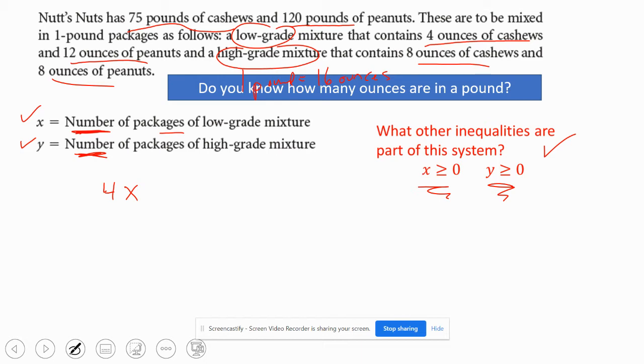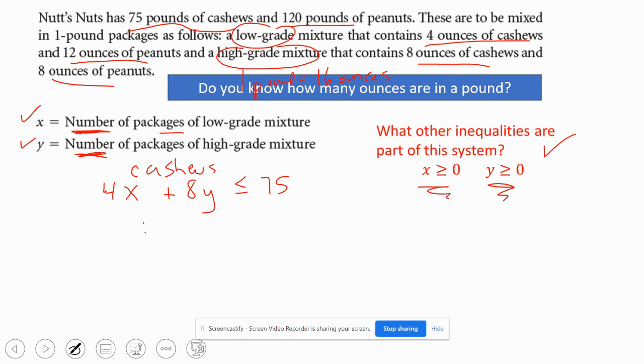And for every high grade mixture, we have 8 ounces of cashews. So 4 ounces in the low plus 8 ounces in the high. So this is kind of like your cashews. And that has to be less than or equal to the amount of cashews we have.